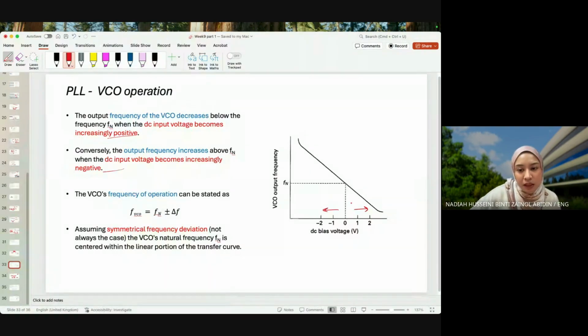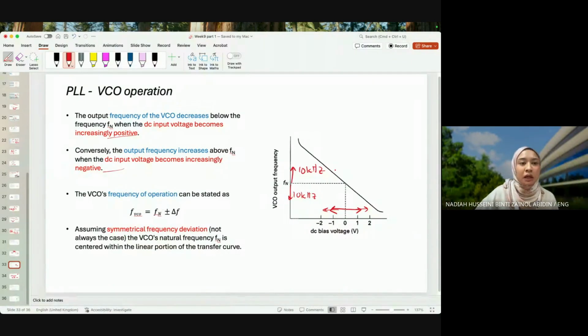Symmetrical means if I change this by 1, maybe the drop is 10 kilohertz. If I change this by -1, the increase is 10 kilohertz. The drop or the increase in voltage produces a similar value of drop or increase in frequency.